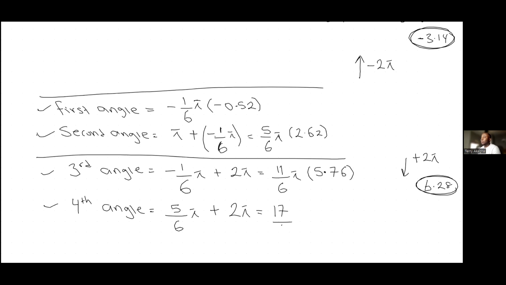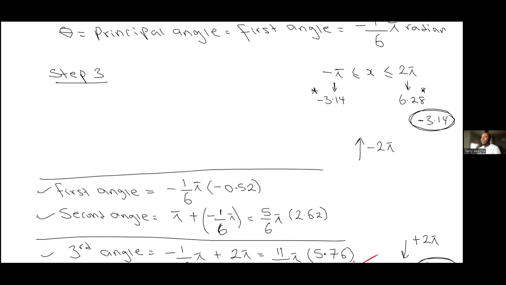Now 17 over 6 pi in decimal is going to give you what? 8.90. So 8.90 is greater than 6.28. We're going to stop here. So that means in the positive x direction, the only one we're going to pick is going to be 11 over 6 pi or 5.76.